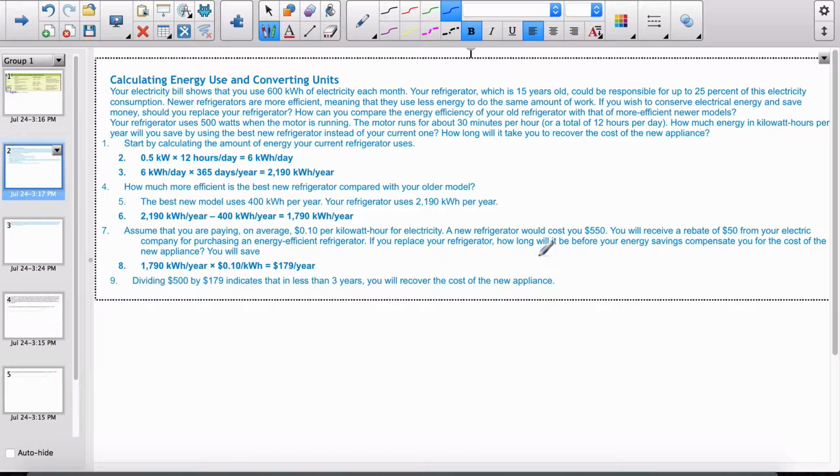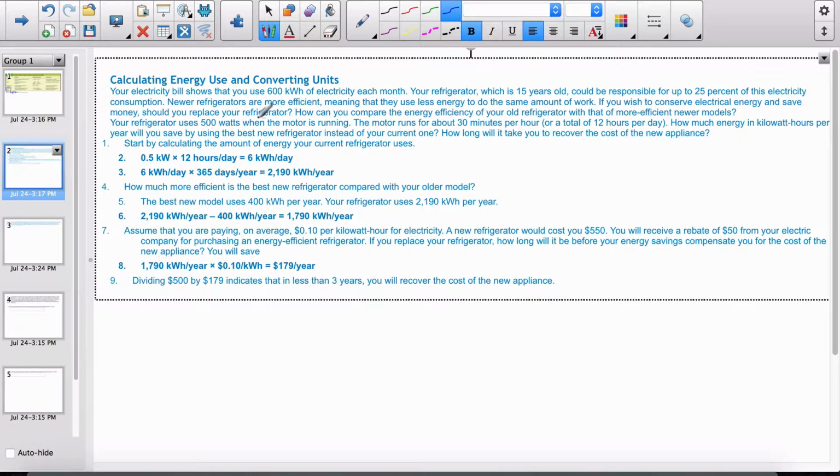If you replace your refrigerator, how long will it be before your energy savings compensate you for the cost of the new appliance? So if you saved 1790 kilowatt hours per year, you want to find out how much money you saved. Because you pay 10 cents per kilowatt hour, that's $179 a year. But your fridge costs you $500, so you have to divide these two numbers so you can figure out approximately how many years it takes you to recover the cost.